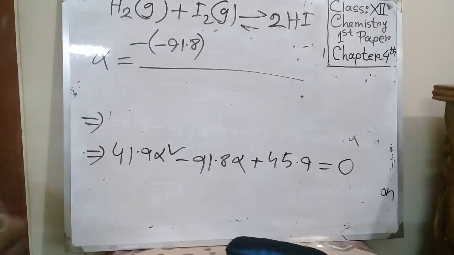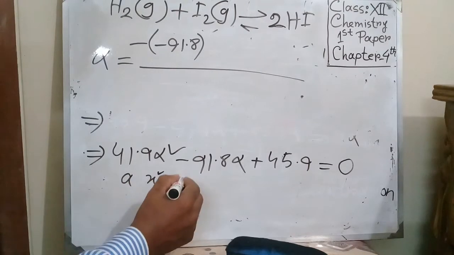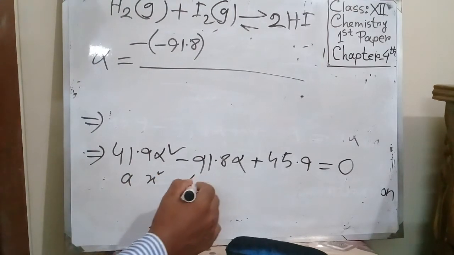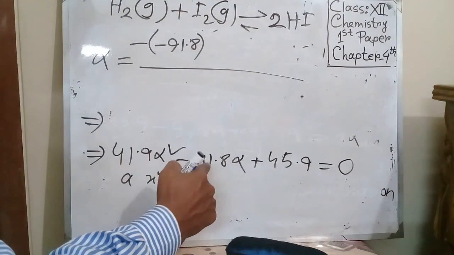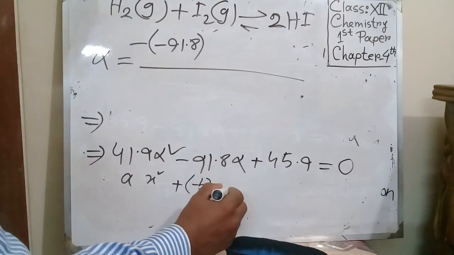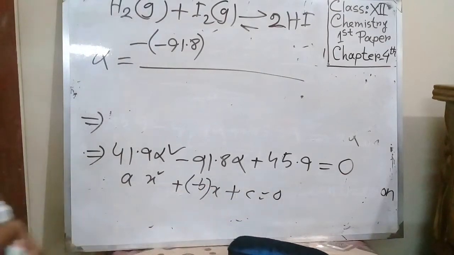Look, ax square plus bx plus c, x here is alpha, then if I write plus and minus b, minus here minus b equals minus of minus 91.8. If I write like this, x square plus bx plus c equal to 45.9.